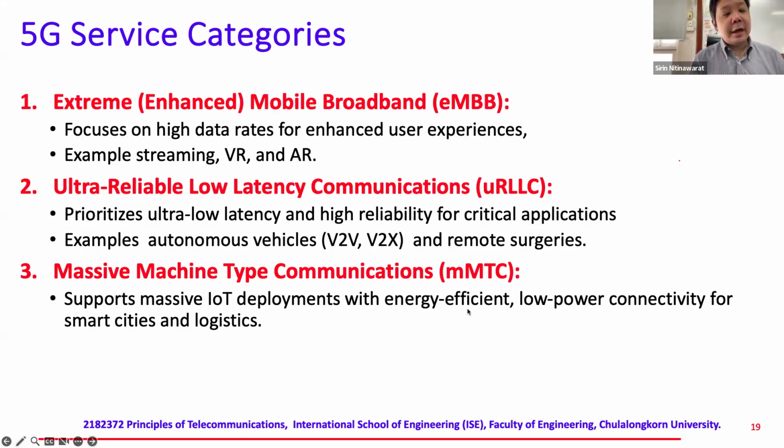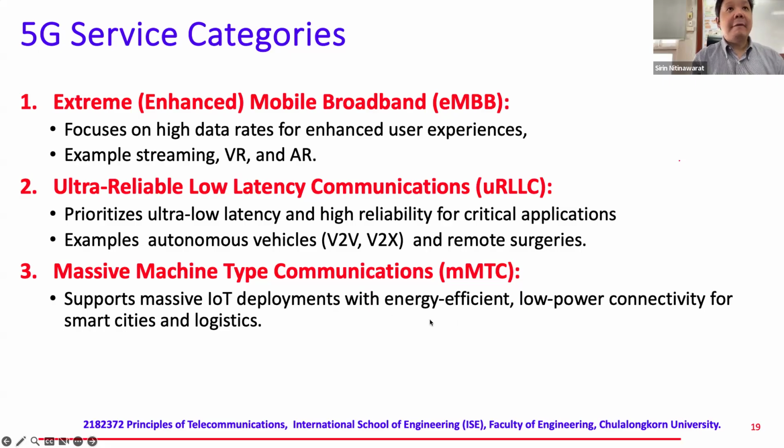The third service category is related to Internet of Things, where more and more small devices are connected to the internet. So here you'd be talking about applications related to massive IoT deployments of low energy efficient sensors around geographical areas, for suitable applications like smart cities and logistics.